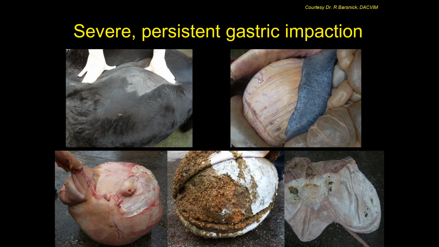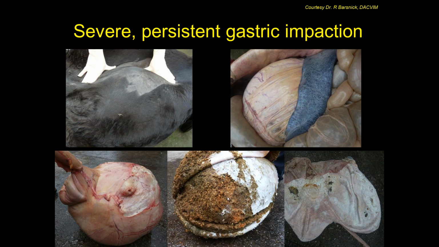This is the stomach at necropsy. Just to give you a perspective, this is a normal-ish size spleen. This is a massively distended stomach. This is the stomach ex vivo, and it has this partial seromuscular tear through here, right by the esophagus. And this is all of the contents that was just packed in there.